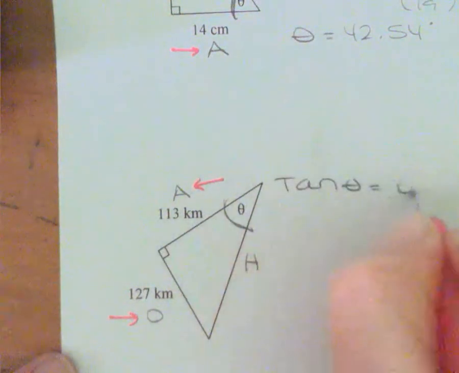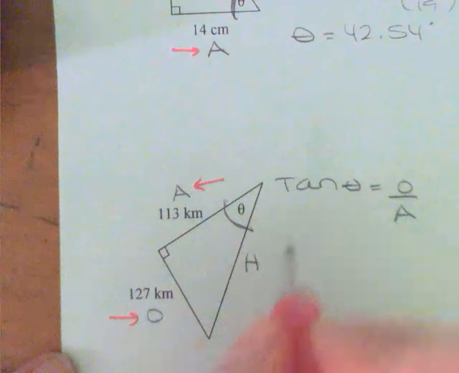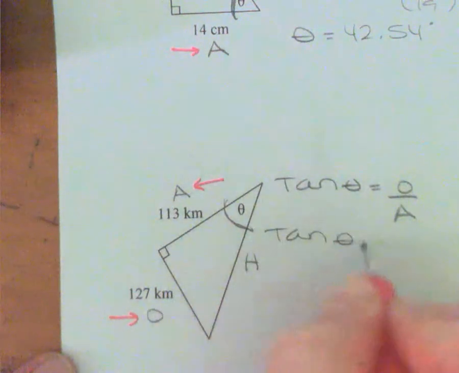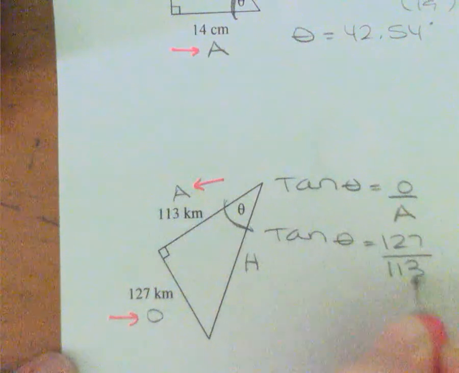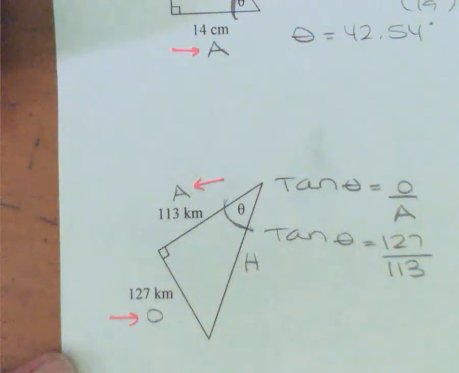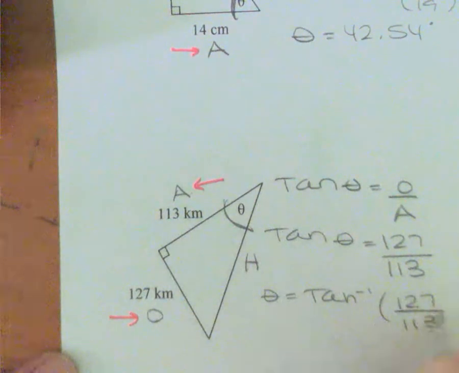So tan theta is opposite over adjacent. So tan theta, the opposite is 127, the adjacent is 113. I want to do tan inverse of 127 over 113.